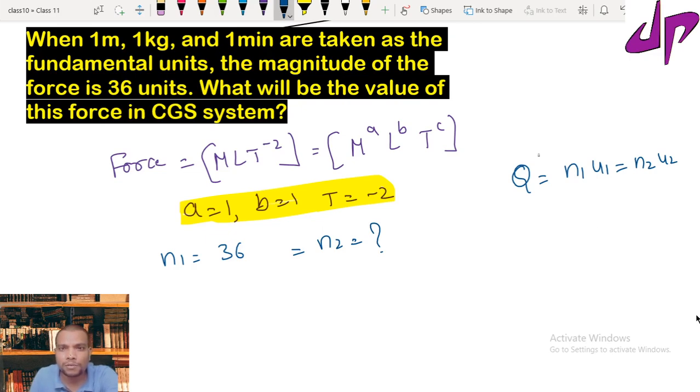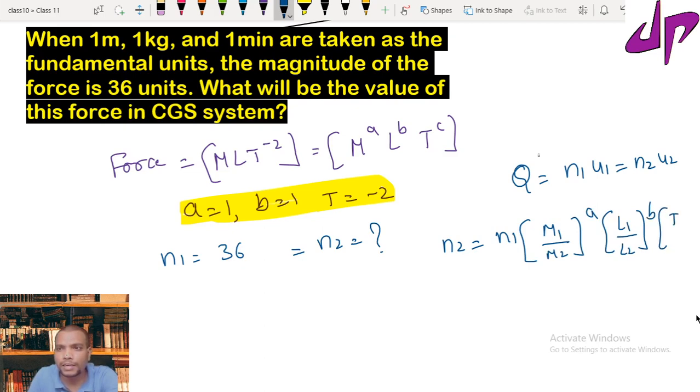We will use the same formula, N2 equal to N1 times M1 by M2 whole power a, L1 by L2 whole power b, and T1 by T2 whole power c.